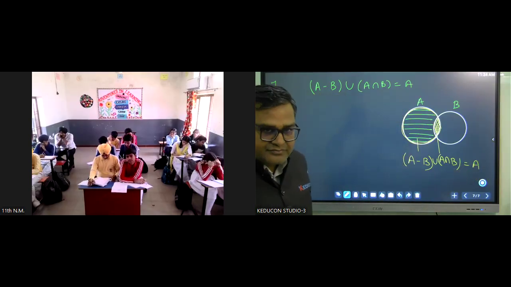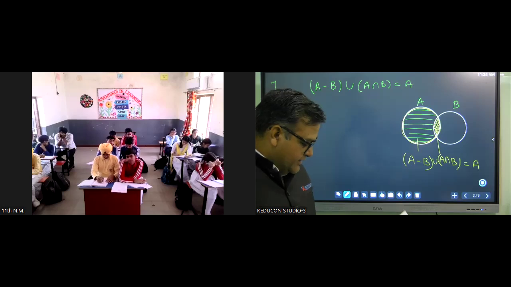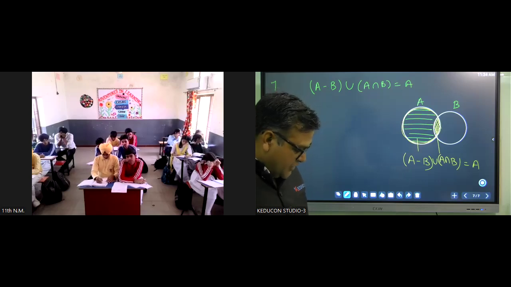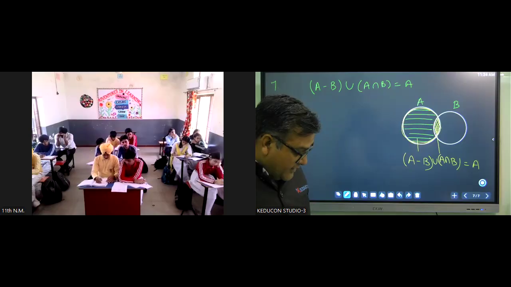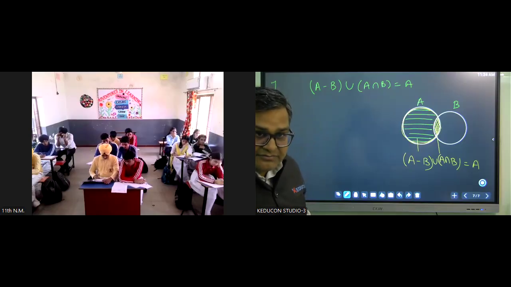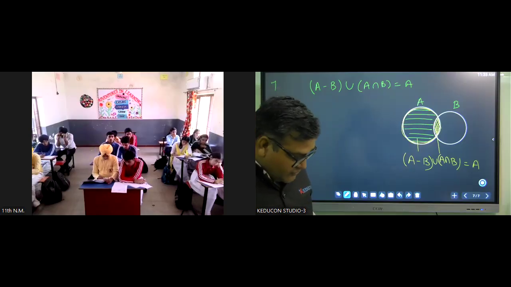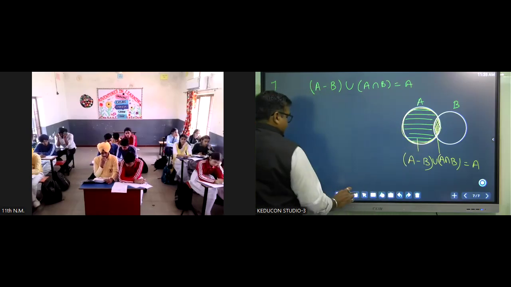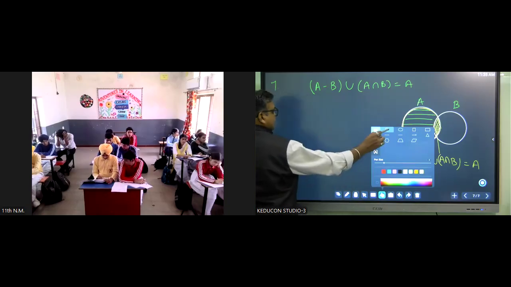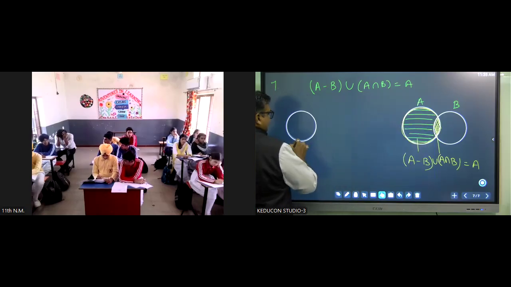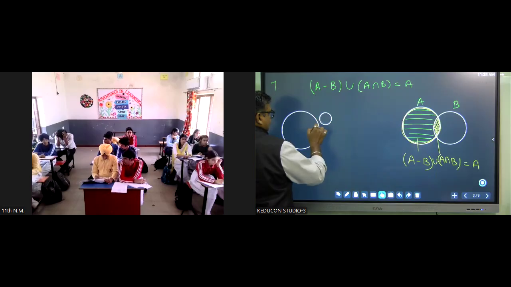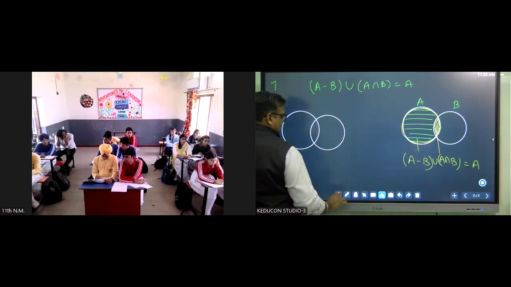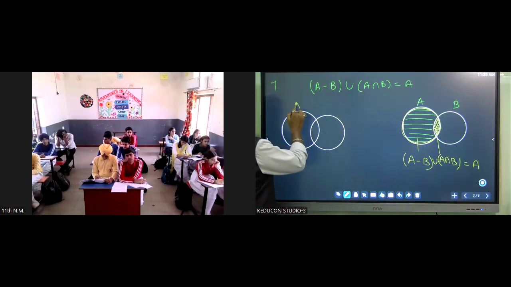Yes. Now what he says in the reason, A minus B is equal to A intersection B dash. Is this true? A minus B. अब देखिए जरा. Now again we have taken two sets.